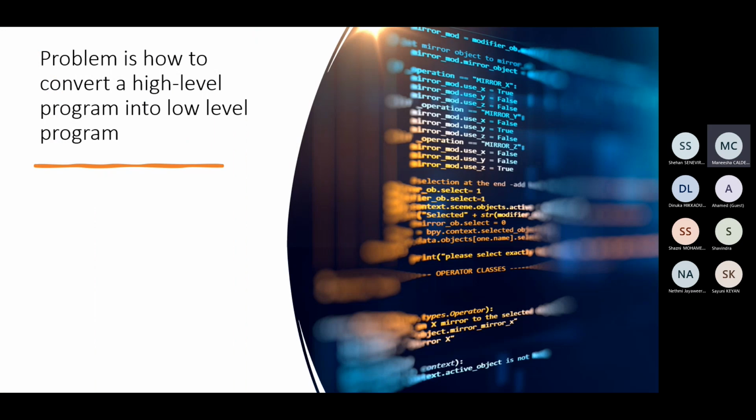Now we know that if it is a high level programming language, we don't want to bother at all. We just want to work on it. But my question is, can a high level language directly deal with the processor? As an example, if we take Java, you have written a program in English: class A, public static void main String args, then you have System.out.println, then you have printed some statement with curly brackets.